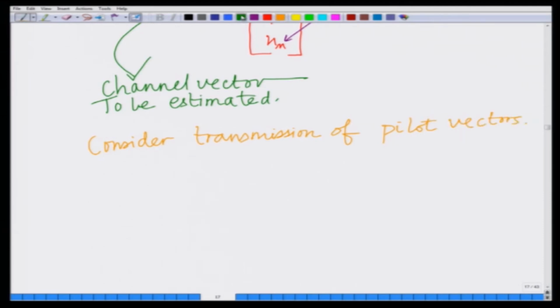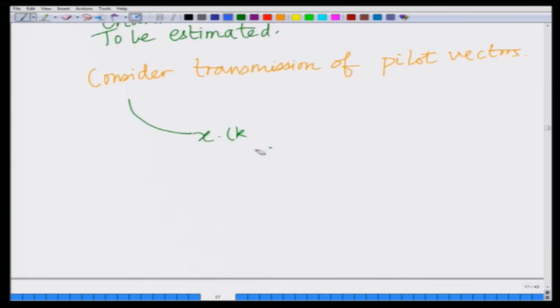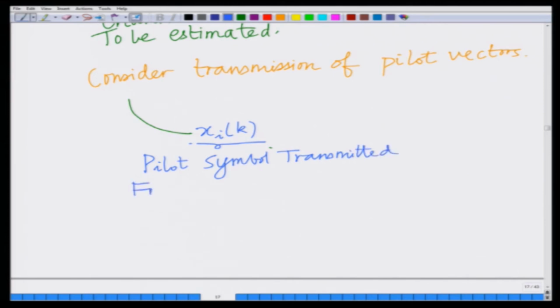So, let us consider the transmission of pilot vectors, and in fact, there will be multiple such vectors. So, what will we have? Let us say now we denote by xi of k the pilot symbol transmitted from your ith antenna at time k, right.